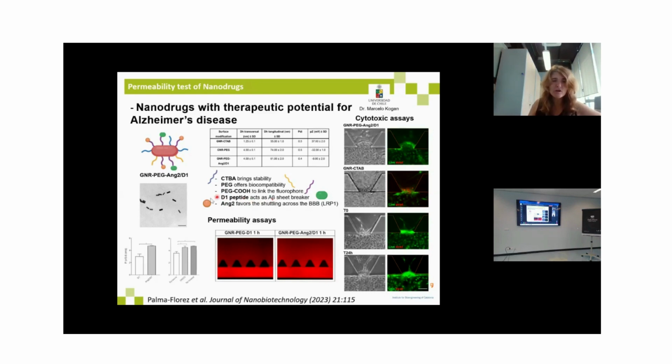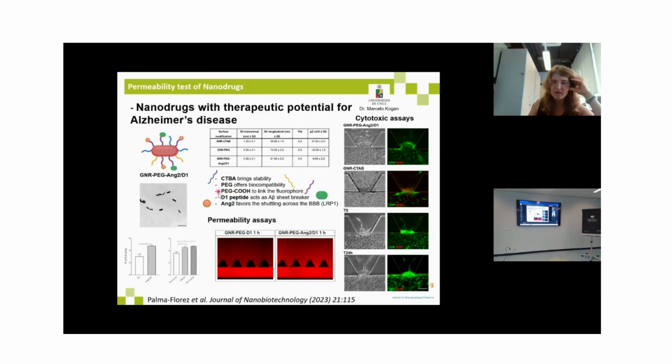And also we use another peptide, the angio2, that helps in crossing the barriers. It is a peptide that helps in the transcytosis of these nanovehicles through the LRP1 receptor. So basically, we have this kind of drugs.